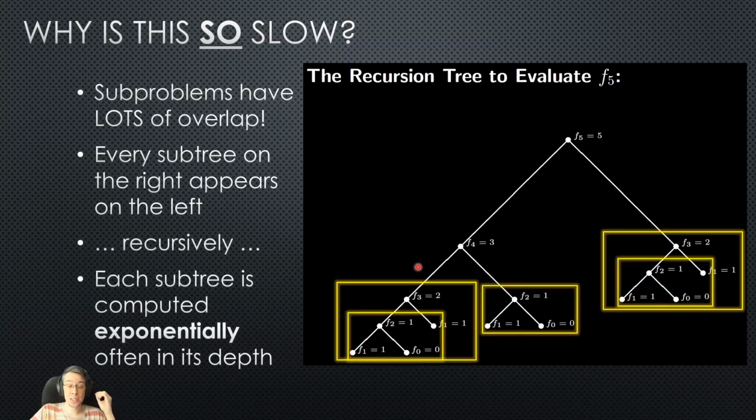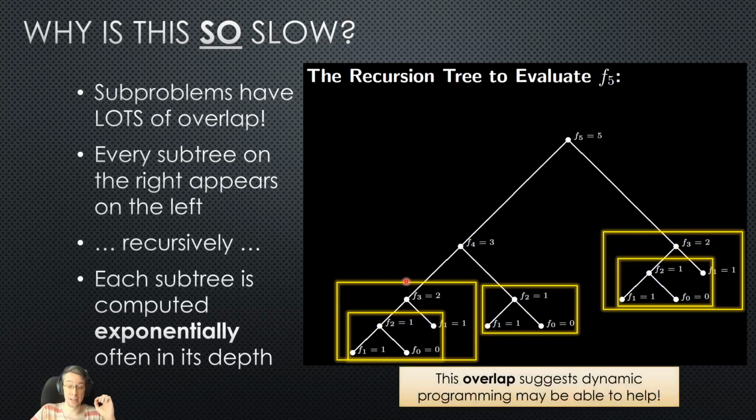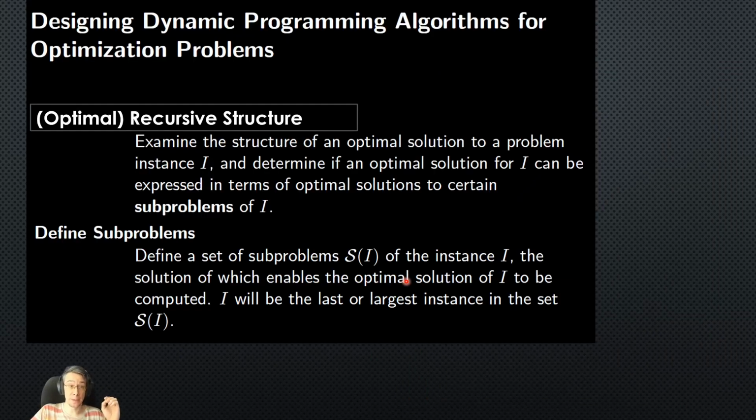So each subtree is computed exponentially often in its depth. So there's really an exponential amount of overlap in the subproblems. And this makes this a perfect candidate for dynamic programming. Overlap in your subproblems is what makes a problem a perfect candidate for dynamic programming.